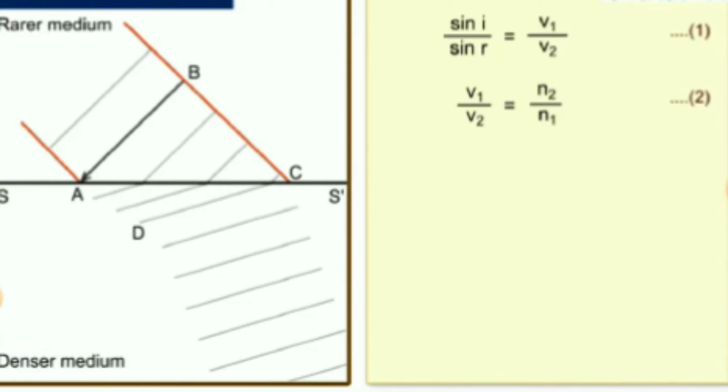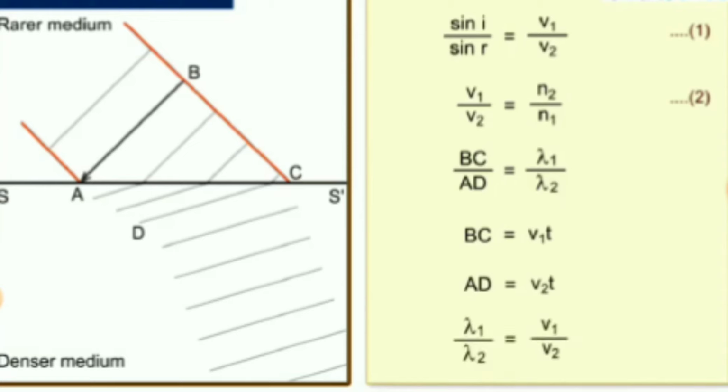As such, the number of wavefronts between B and C is equal to the number of wavefronts between A and D. Therefore, BC by AD equals lambda 1 by lambda 2. Since BC is equal to v1t and AD is equal to v2t, we have lambda 1 by lambda 2 equals v1 by v2. Let us label this as equation 3.